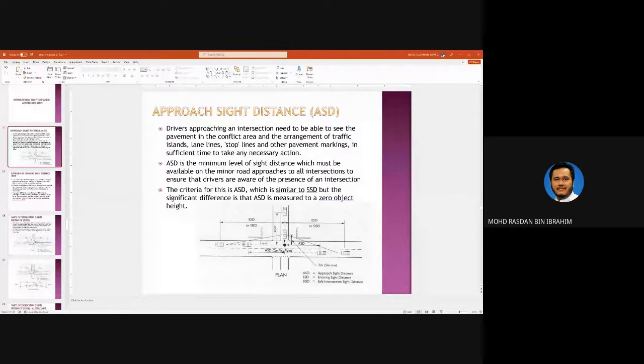So this person over here must be able to see the pavement and the lines. ASD is the minimum level of sight distance which must be available on the minor road to make sure that the drivers are aware of the presence of an intersection. Okay. The criteria for ASD is similar to SSD, but object is measured to 0 object height. ASD, yeah.